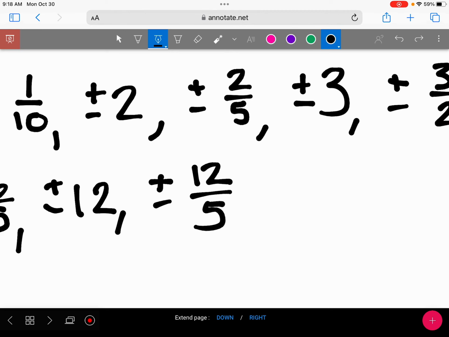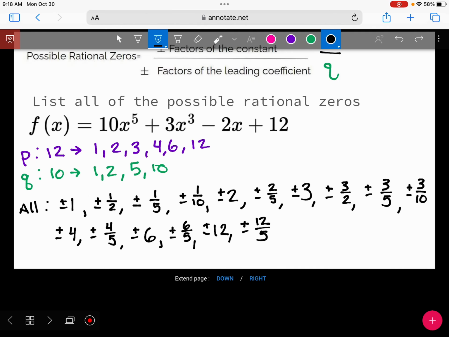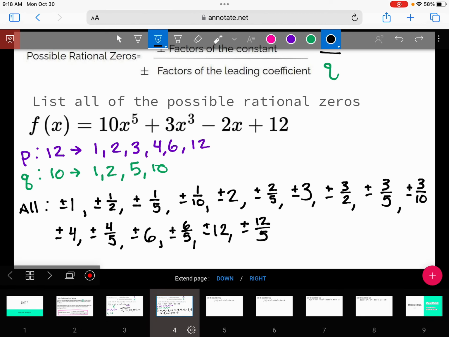Why aren't we doing what? 12 over 10 simplifies down to 6/5, or as an improper fraction. And 6/5 we already have. Okay? So listing all of the possible zeros, it's a matter of kind of a long list and exhaustion. But there's a promise, a reason we use it.